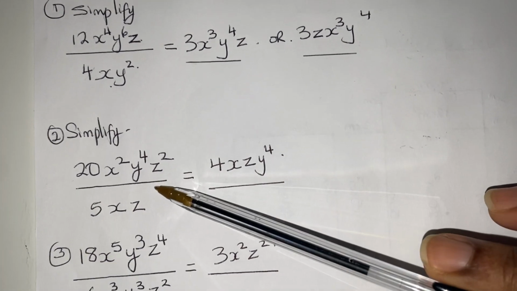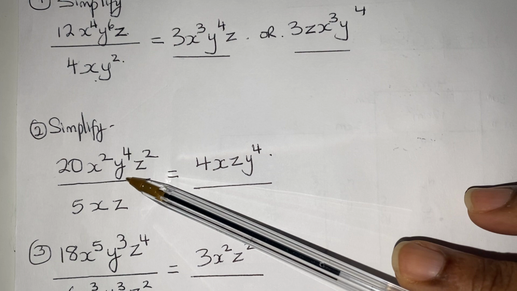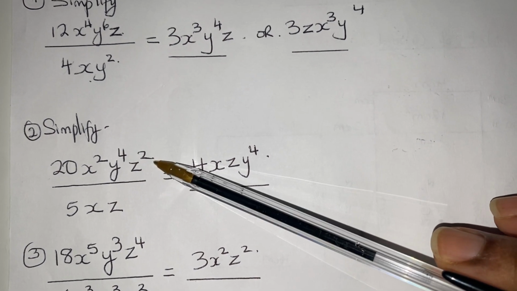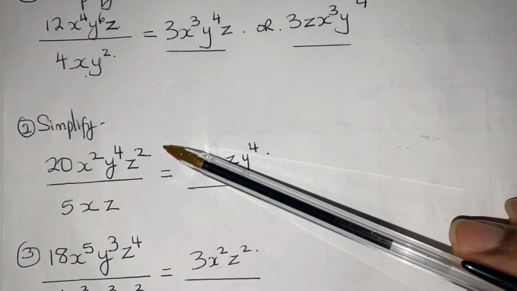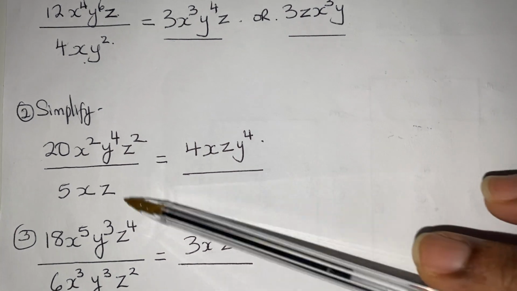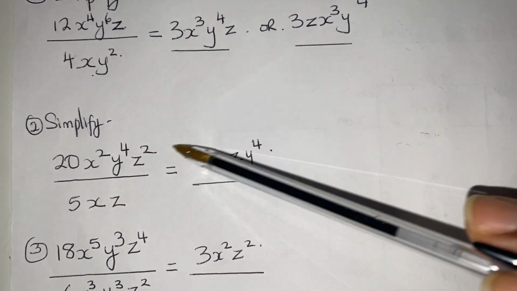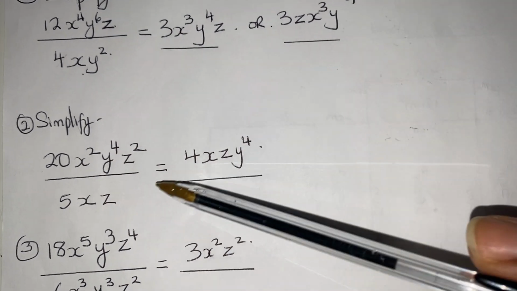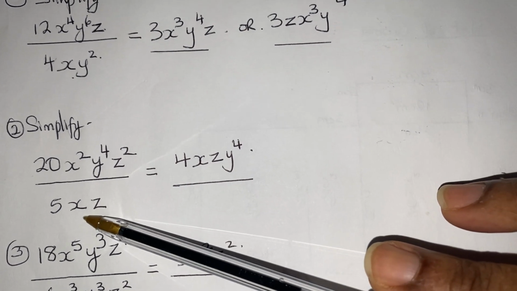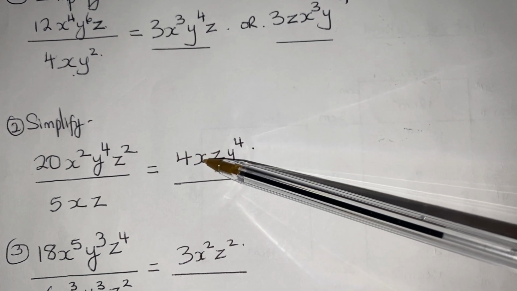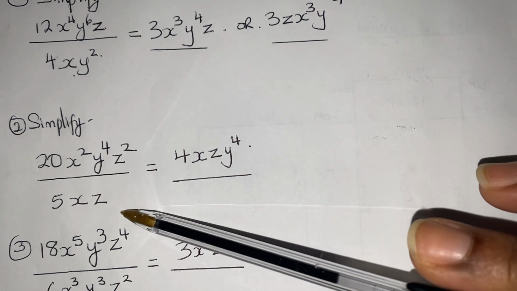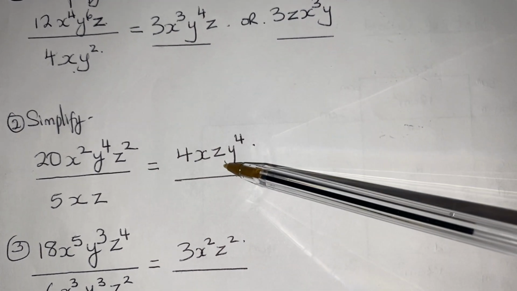Now simplify 20x squared y to the power 4 z squared all over 5xz. So 20 divided by 5 is 4. x squared, that is 2 x's, divided by x, you get only 1x. z squared divided by z, you get 1z.